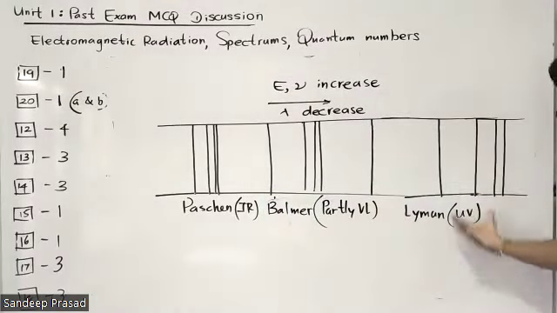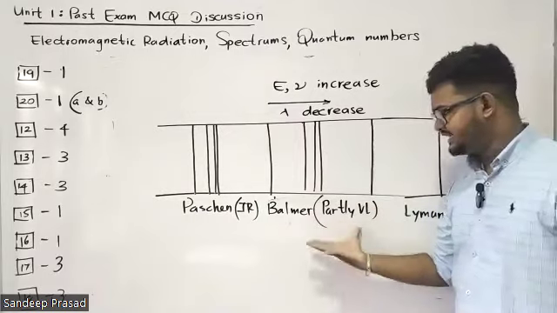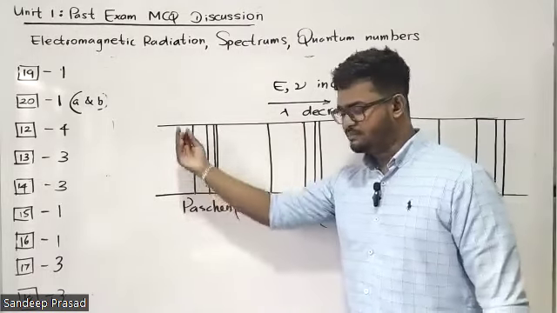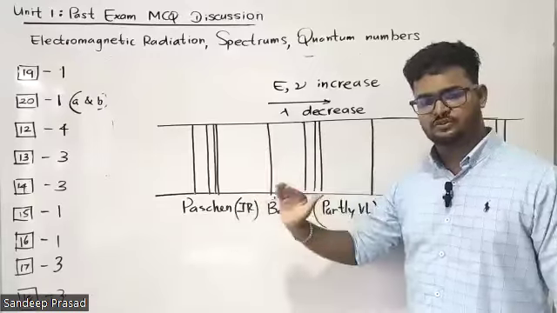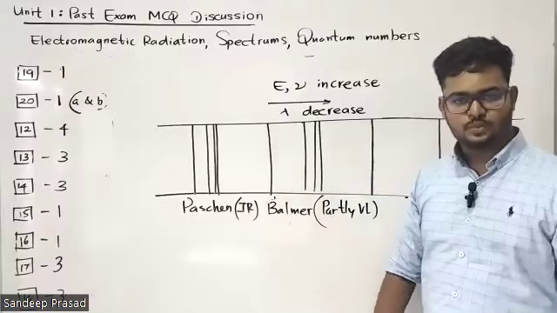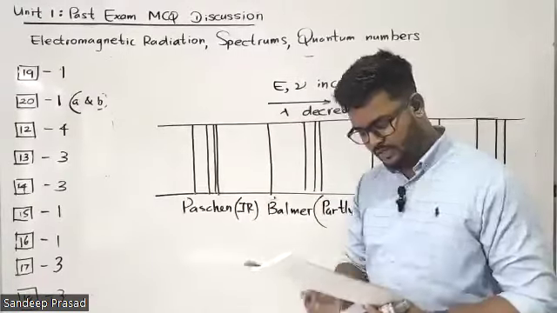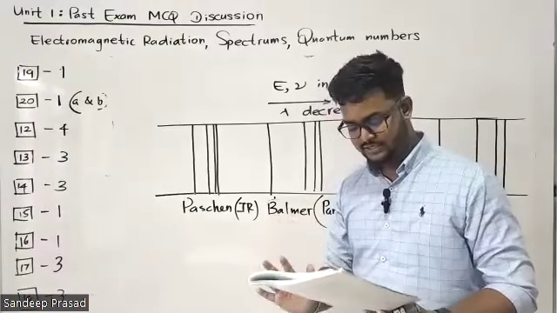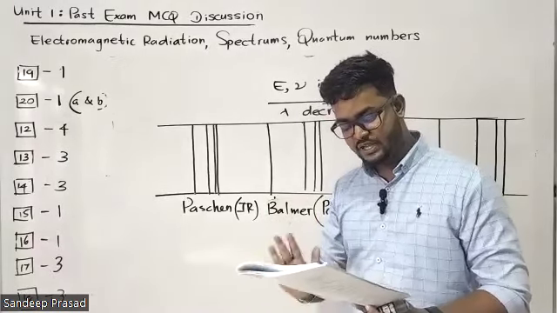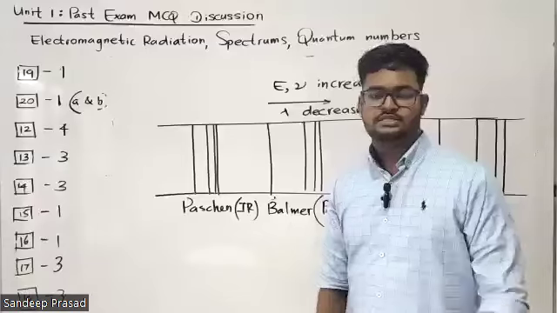Students, Lyman series, Balmer series, Paschen, Brackett, Pfund. Likewise, we have several distinguishable series in the emission spectrum. Correct.